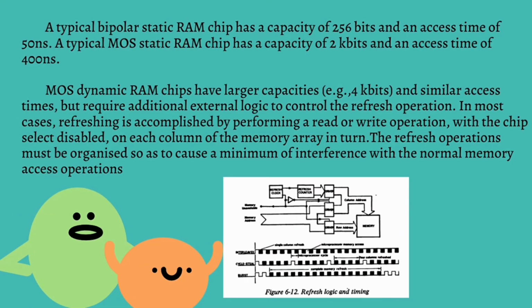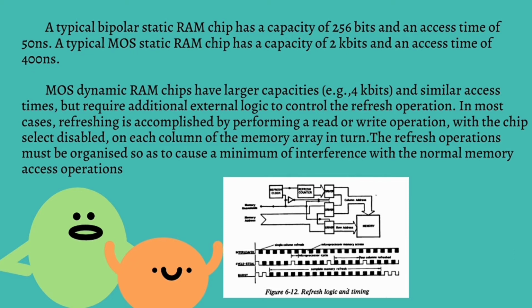A typical bipolar static RAM chip has a capacity of 256 bytes and an access time of 50 nanoseconds. A typical MOS static RAM chip has a capacity of 2 kilobytes and an access time of 40 nanoseconds. Most dynamic RAM chips have larger capacity, 4 kilobytes, and similar access times, but require additional external logic to control the refresh operation.